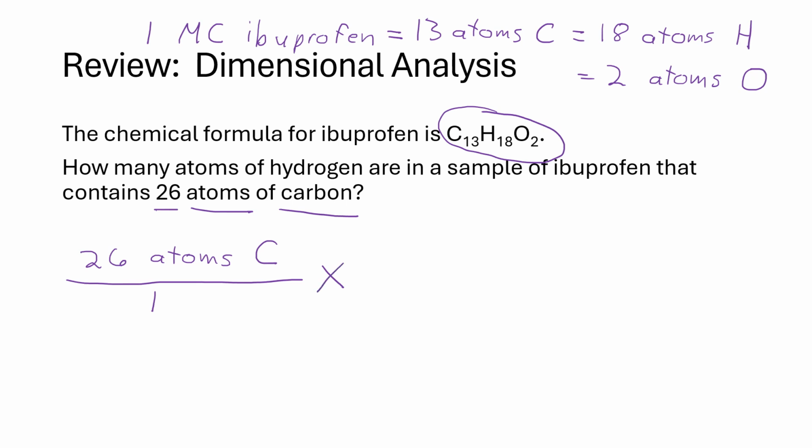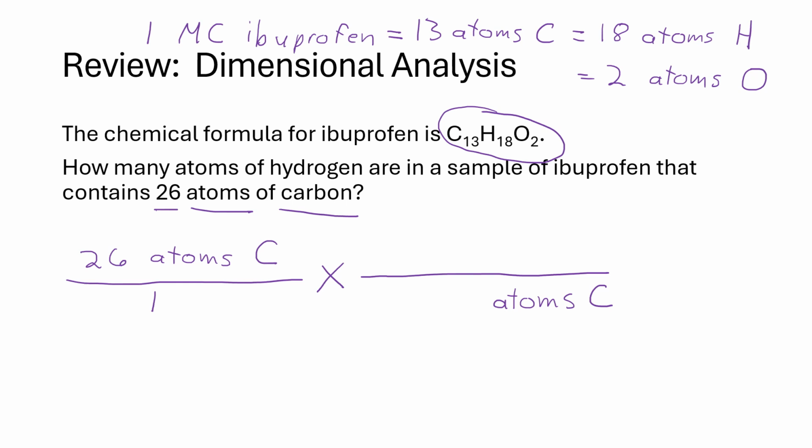And then the next thing that we need to do is multiply our given by a conversion factor. And when we set up the conversion factor, we want to make sure that the units we have in the given are going to cancel out. So I'm just going to go ahead and write in atoms of carbon. And then in the top, we're going to put the thing we're looking for.